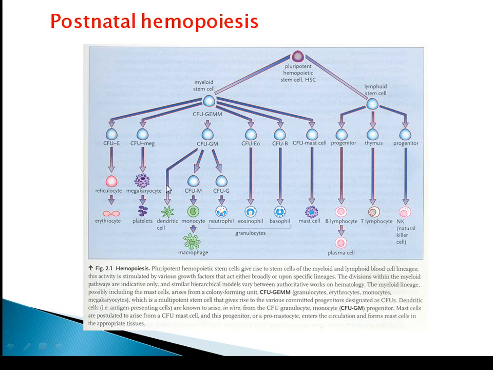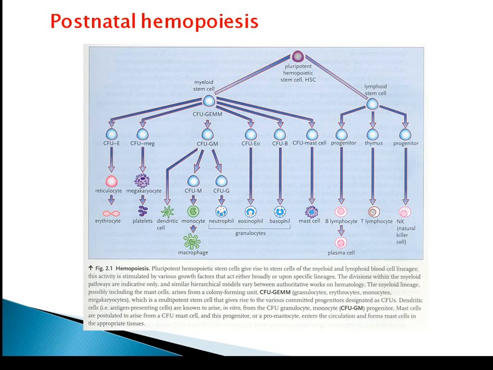Here will be a burst forming unit for erythrocytes, and here we'll have the colony forming unit for the erythrocyte, then the colony forming unit for megakaryocytes that form platelets, then colony forming units for eosinophils that give rise to eosinophils, then for the basophils, they develop into the basophils, then colony forming units for the mast cells will develop into the mast cells of the connective tissue.